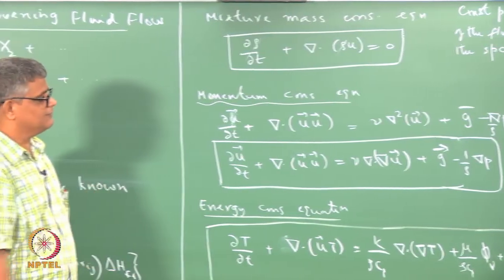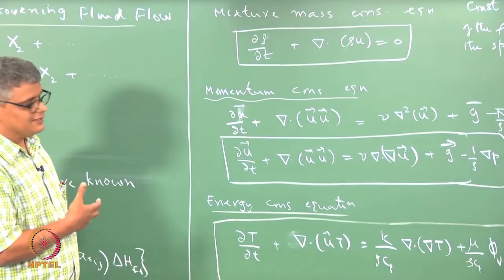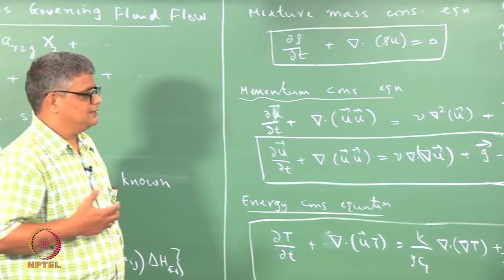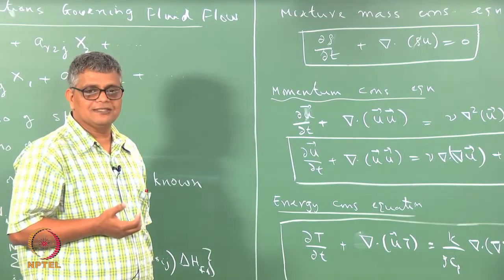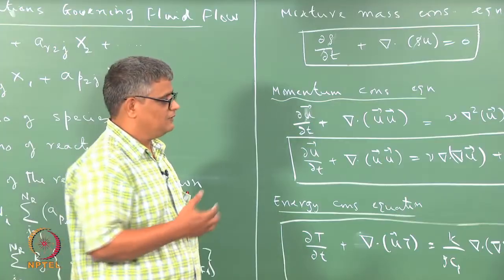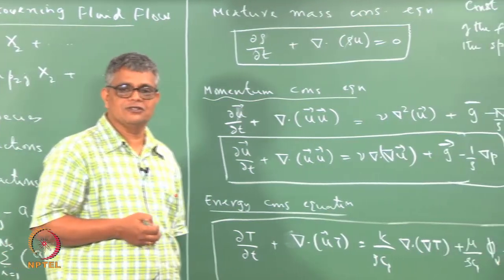So when you look at these equations, they have a characteristic form which is both advantageous for us, and it is also something that we have to take note of when we attempt a solution of this.